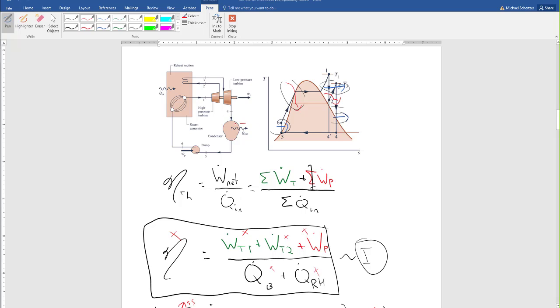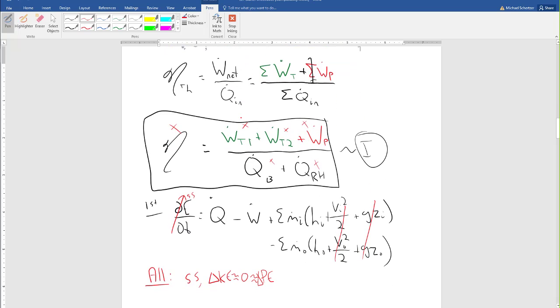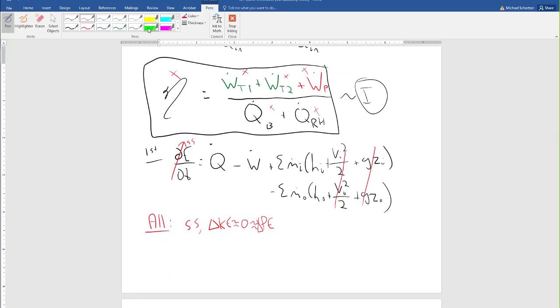Sometimes the condenser can have some cooling water that's coming in and out, so it's not one inlet, one outlet, although the condenser I actually don't care about here. So here, this is T1, T2, pump, boiler, and reheat. We're not talking about the condenser. So they're all one inlet and one outlet.